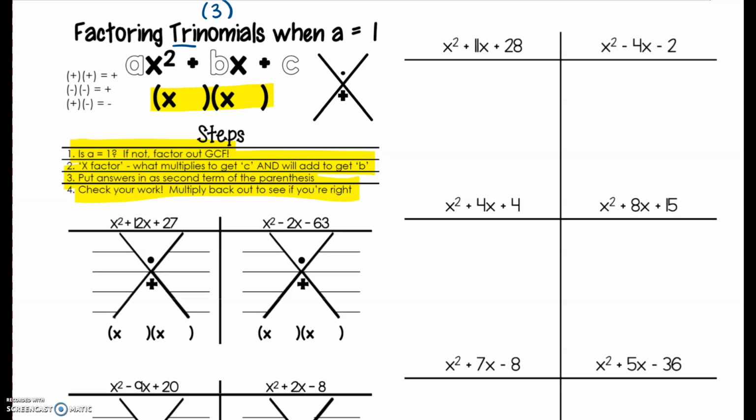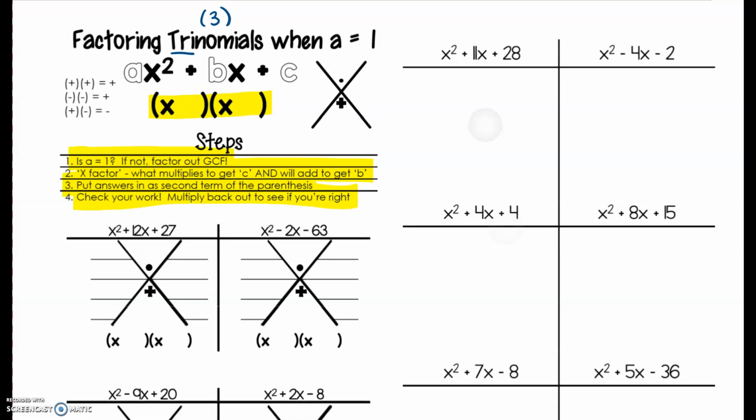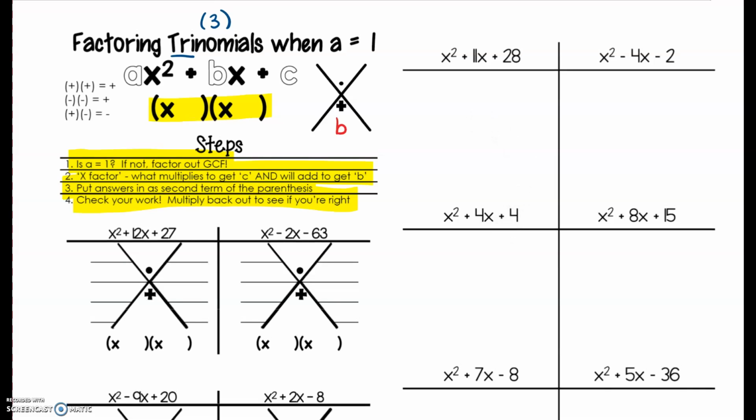As I look at the first question, b is 12. The b number should be placed at the bottom, and the c number should be placed at the top of your X. So b in this case is 12, and c in this case is 27. We need to find factors of 27 that add to give us 12.